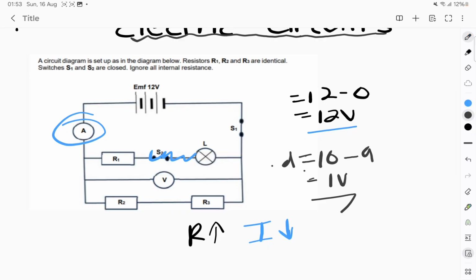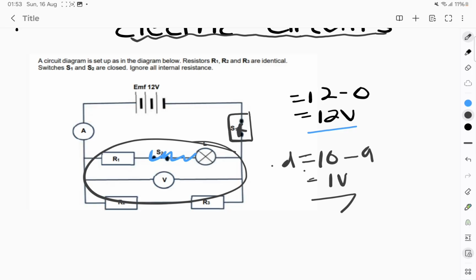Another thing is, say for example, I had a resistor over here, R. Essentially, what I can do is treat this whole thing as one resistor, okay? And let's say, just for example's sake, this was 2 ohms, okay?